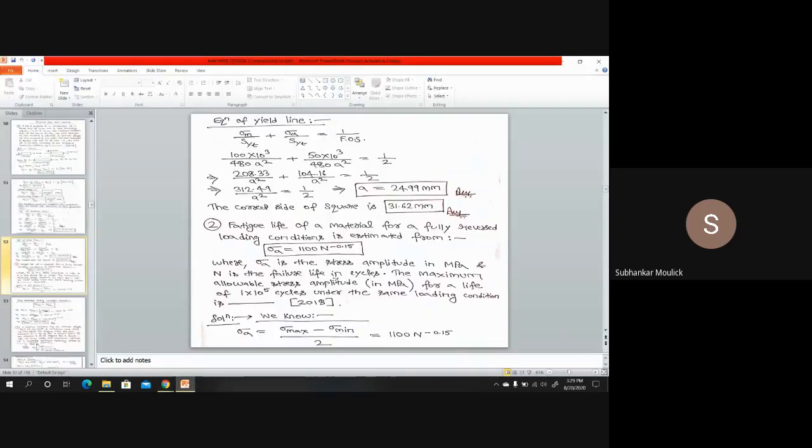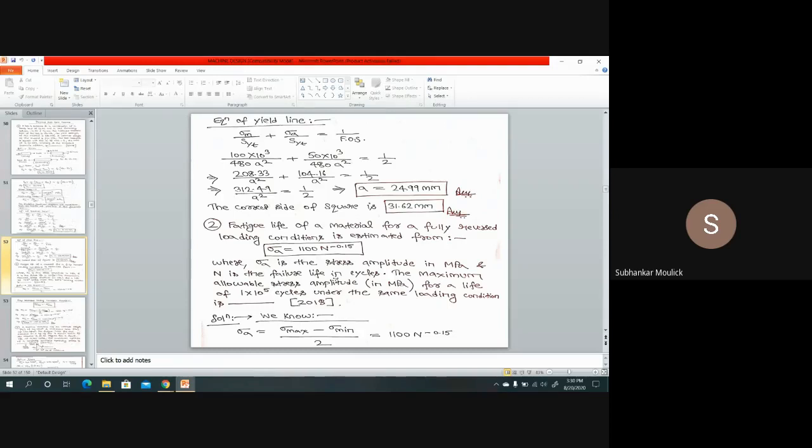Okay. So let us solve the second problem. This problem was asked in the year 2018. The problem is: fatigue life of a material for a fully reversed loading condition is estimated from the equation sigma A equal to 1100 into n to the power minus 0.15, where sigma A is the stress amplitude in megapascal and n is the failure life in cycles.